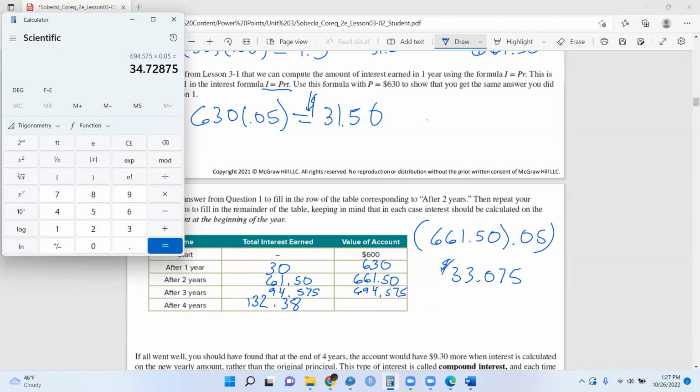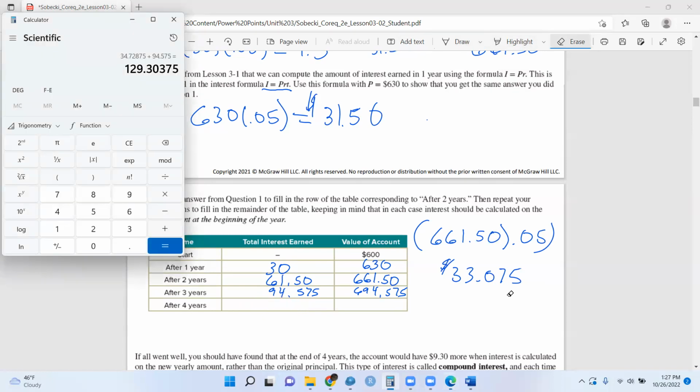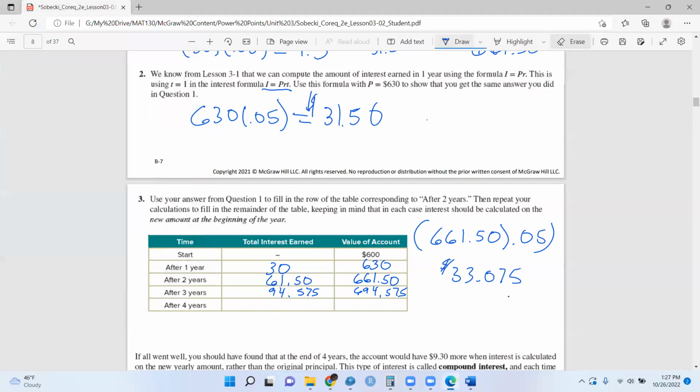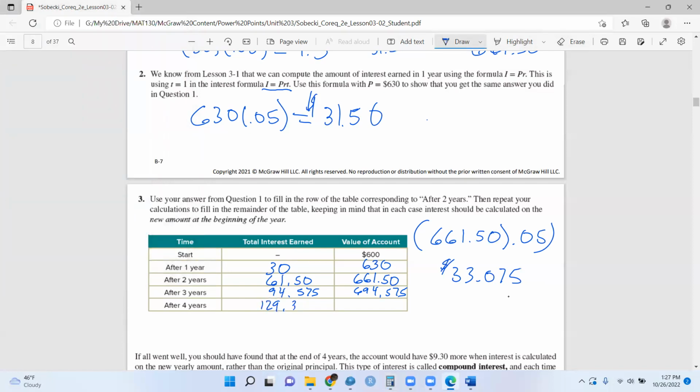So really we're adding 34.73. So it should be 129. Yikes. Okay. Does that feel better, or did I just make things worse? So this should be 729.30. All right.